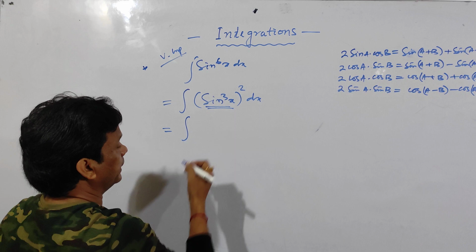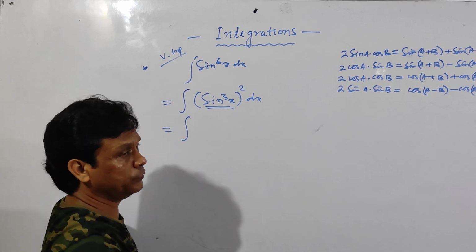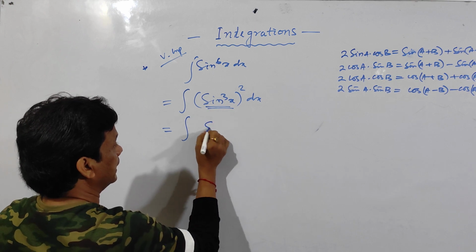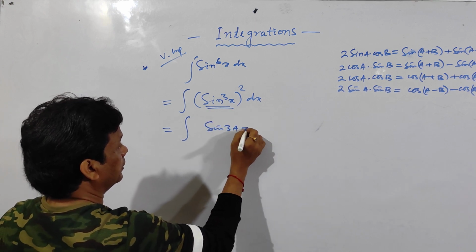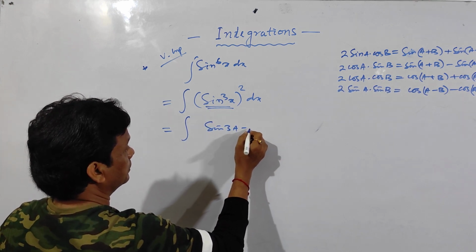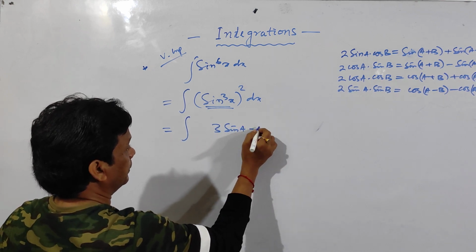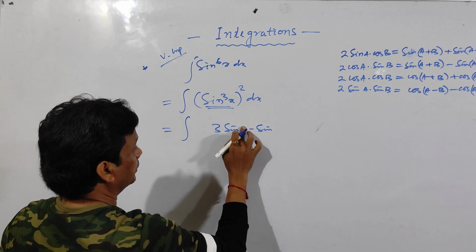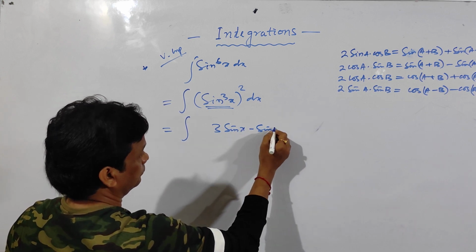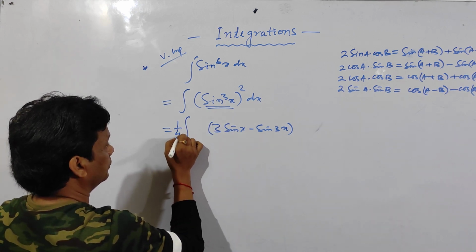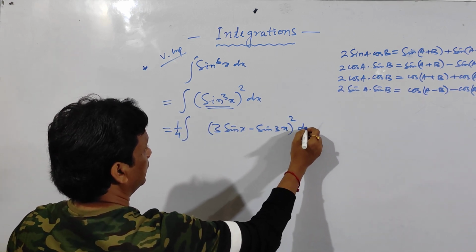In case of sin cube x, I have told you the formula. What is the formula? Sin cube x is (3 sin a minus sin 3a) divided by 4. So it will be into 1 by 4 whole square, dx.